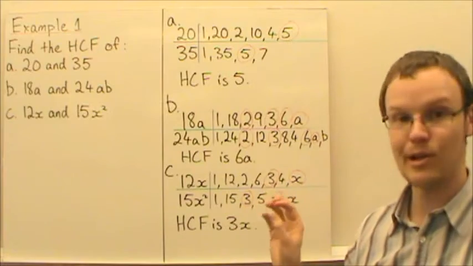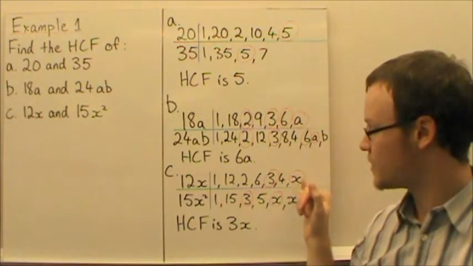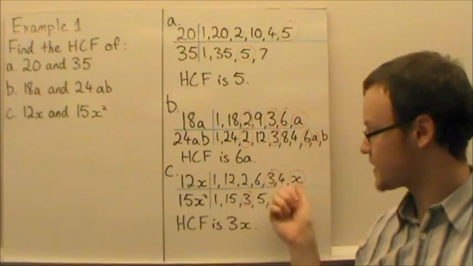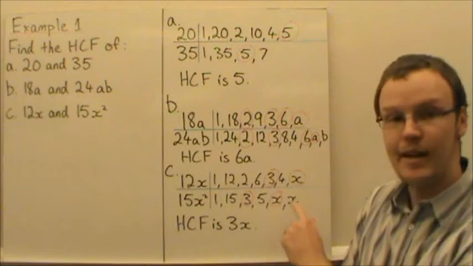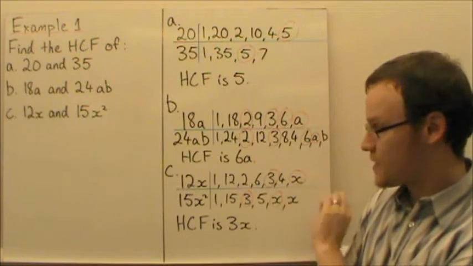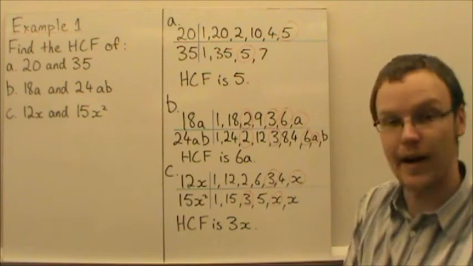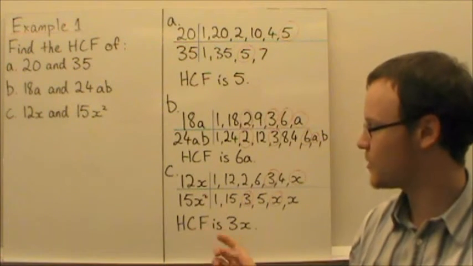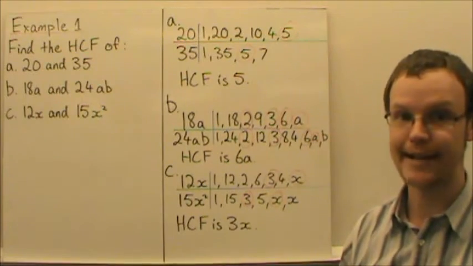So we can then circle the common factors. 3 is a common factor of 12 and 15, and I've circled one of the x's. Notice I haven't circled this second x because there aren't two x's that are factors of 12x. There's only the one x. So the highest common factor of 12x and 15x squared is 3x.